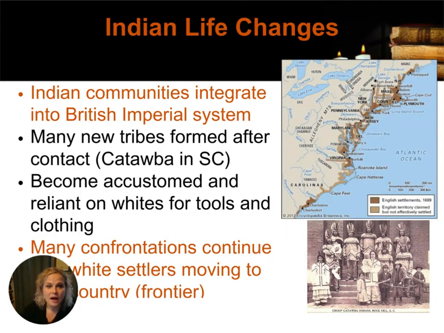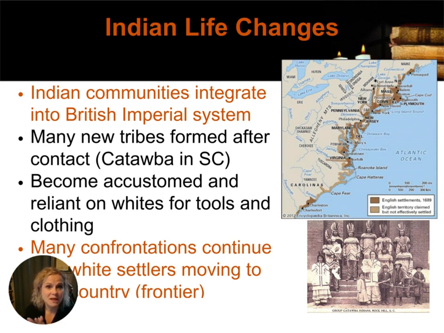Okay. All right. So speaking about Native Americans, they were essentially just pushed off the land. Native Americans were pushed further and further west, and some of them become so decimated that their entire nation goes away and they form other nations. An example of that was the Catawba in South Carolina.